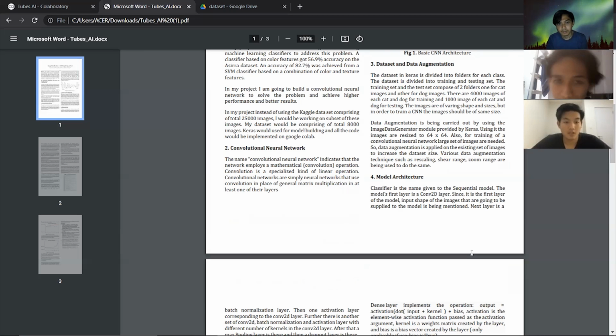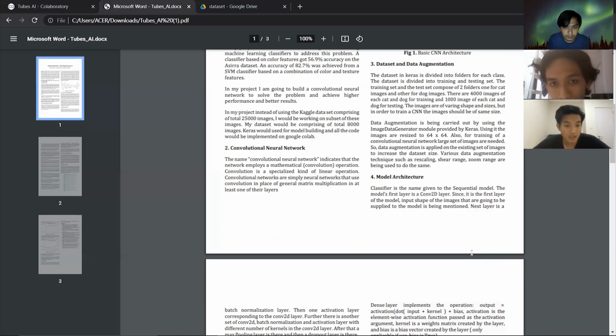Convolutional neural network. The name convolutional neural network indicates that the network employs a mathematical operation called convolution. Convolution is a specialized kind of linear operation.